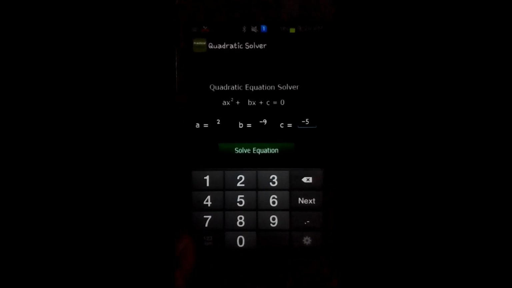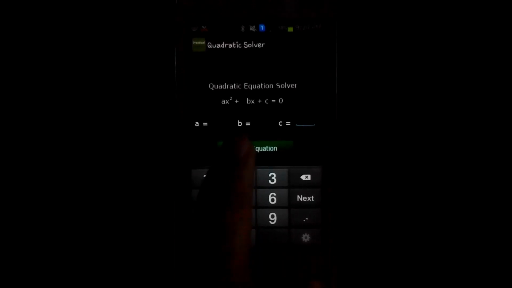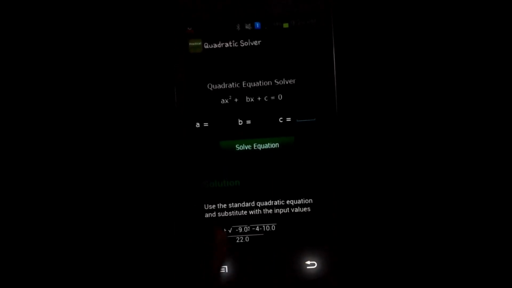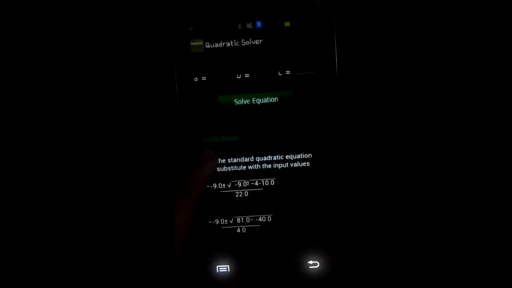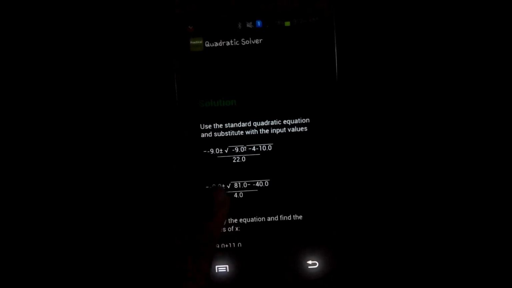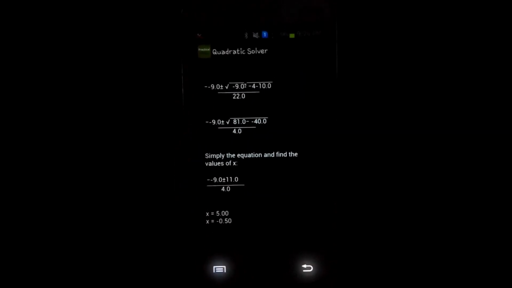Then click again Solve Equation. Based from the solution of the software, the values of x are 5 and negative 0.50. Thus, we had arrived again on the same values of x.